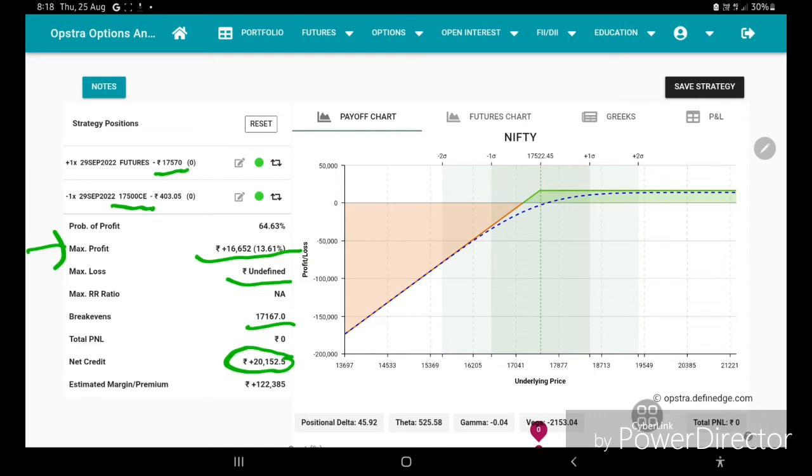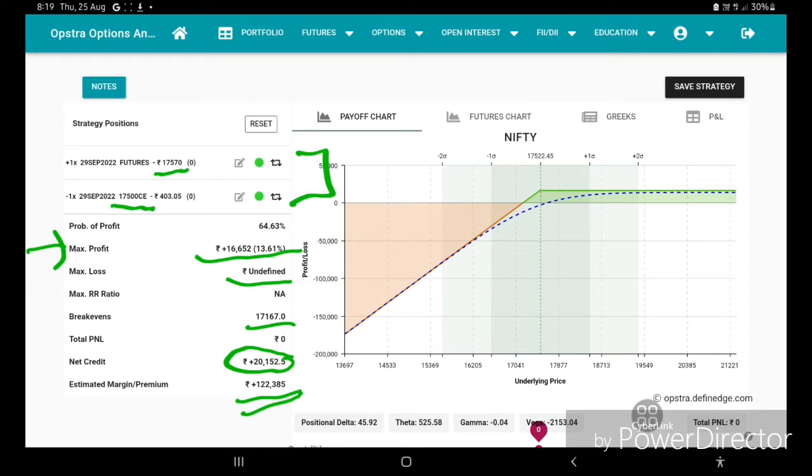Now to make both these positions we just need a capital of 1,22,000, but you also need money to do adjustments or to pay the SPAN margin.